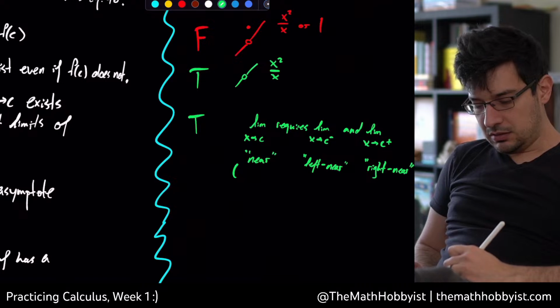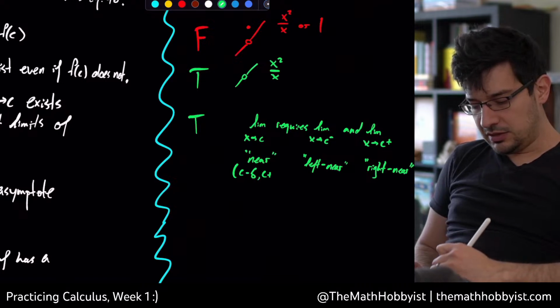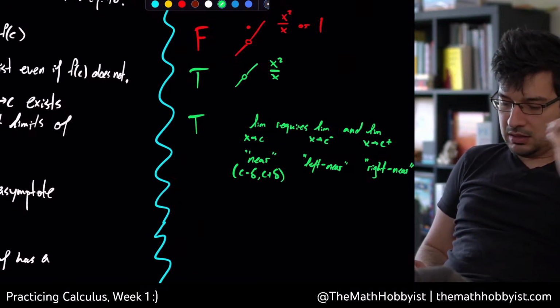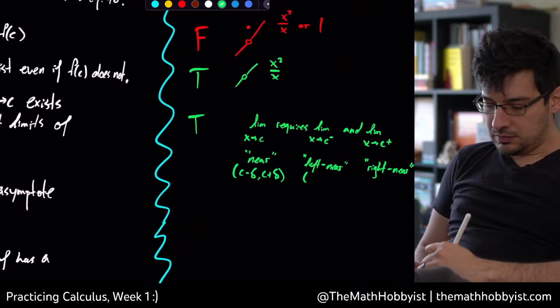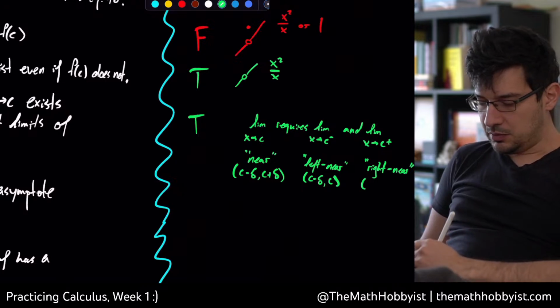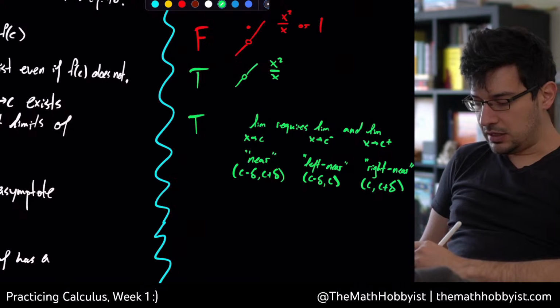Sneak peek, this is really x in the neighborhood, c minus delta to c plus delta. This is c minus delta to c, that interval. And then this one, right near, is c to c plus delta.